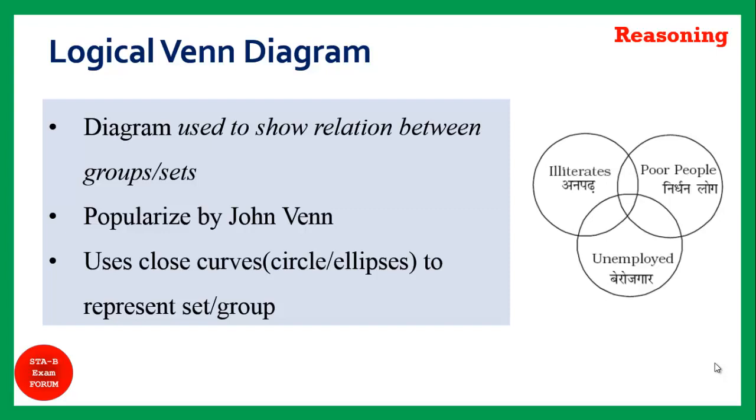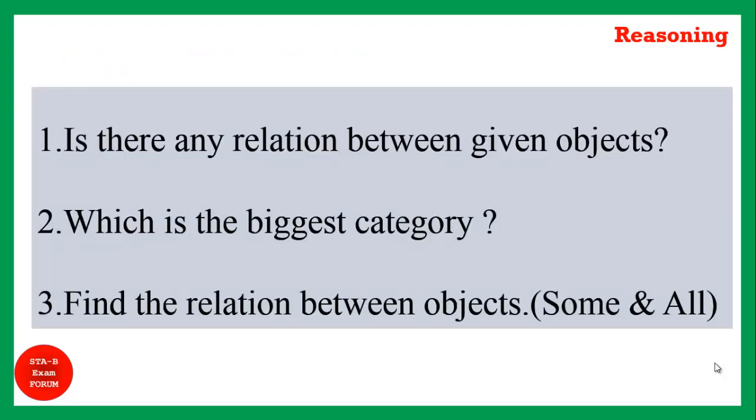This is only for your general knowledge. We will show you the categories and how to draw the logical Venn diagram from the given question. Each category you should represent with a circle, that at least you should know. So students, let's see the steps.